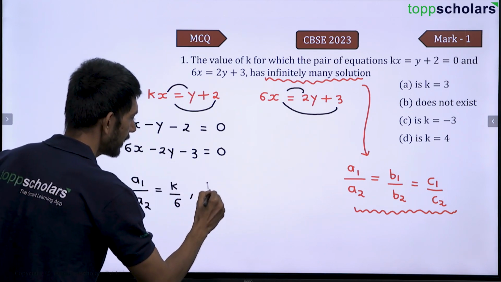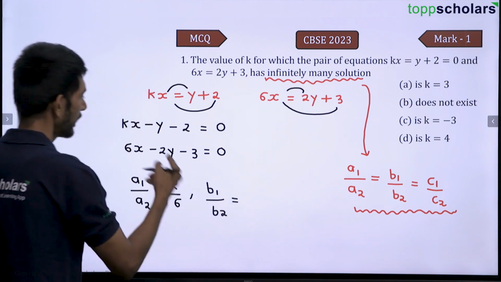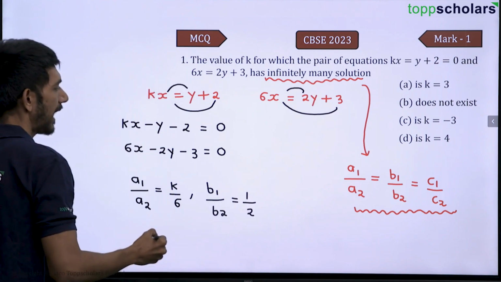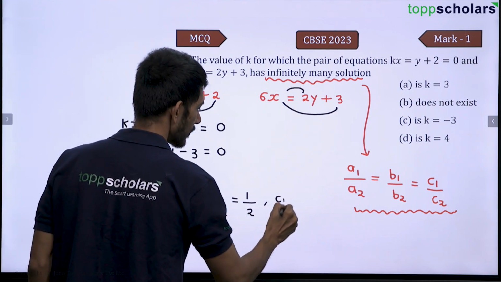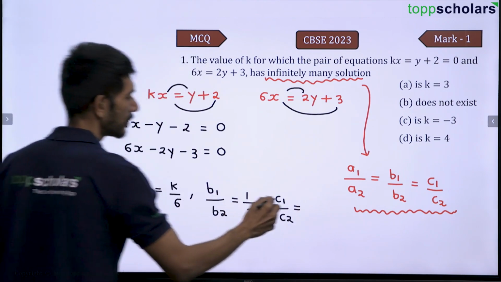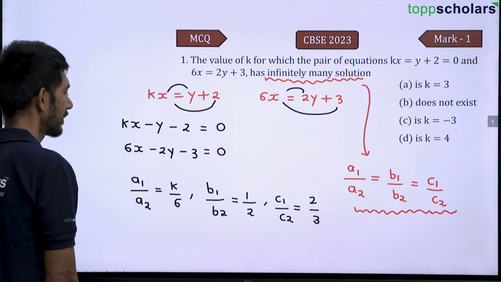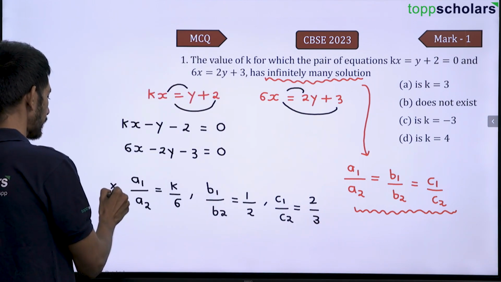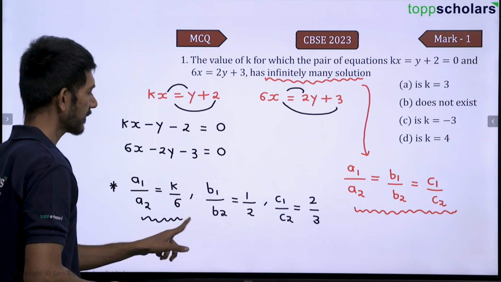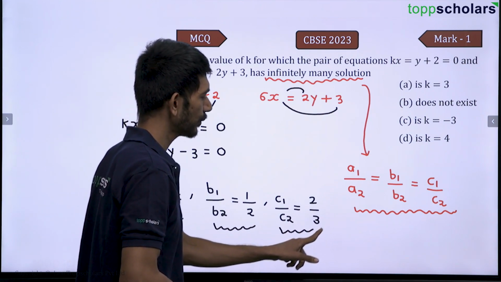If I take b1 by b2, that is minus 1 by minus 2, which is 1 by 2. And if I take c1 by c2, we get 2 by 3, right? A1 by A2 is k by 6, B1 by B2 is 1 by 2, and C1 by C2 is 2 by 3.